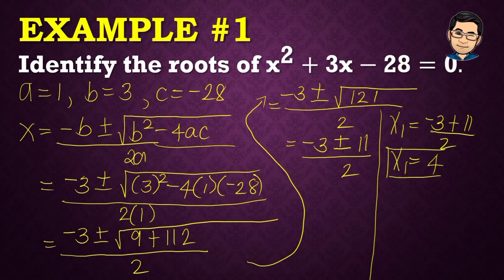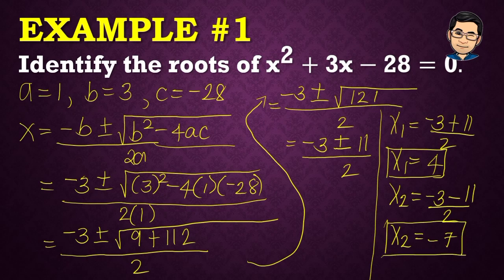I-box natin siya. And then x sub 2 equals negative 3, kung kanina plus, ngayon naman minus 11 over 2. Negative 3 minus 11, that is negative 14, divided by 2, negative 7. So, yung mga roots natin are 4 and negative 7.